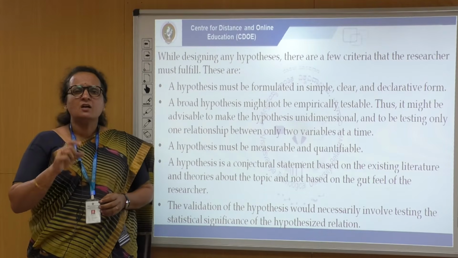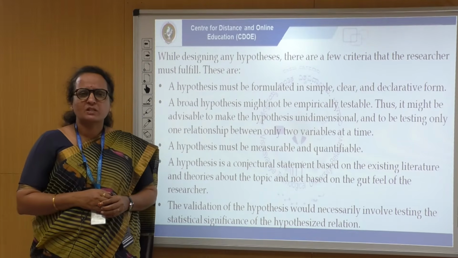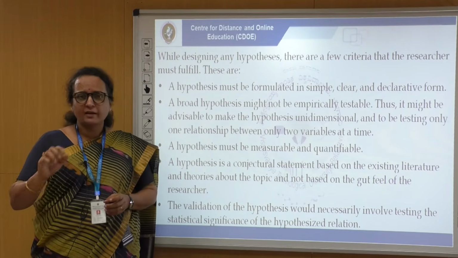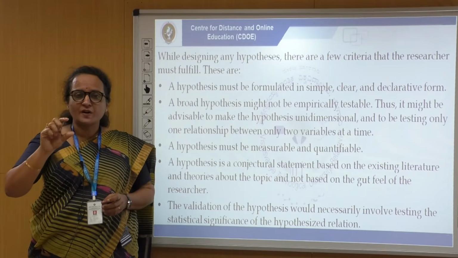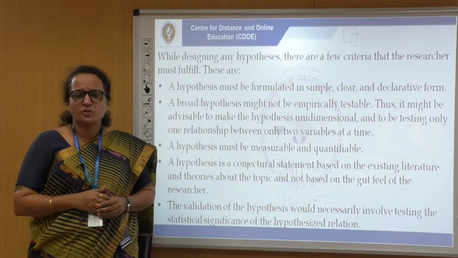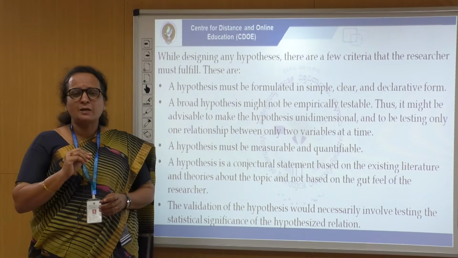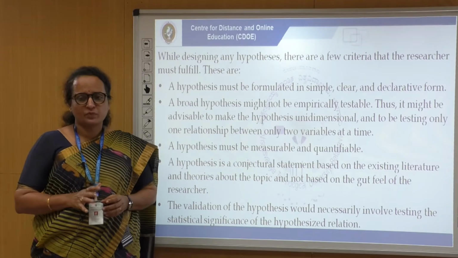We are stating that 85% of the people are literate in Mysuru city. This is a measurable hypothesis. It is quantifiable also. How much? 85% out of 100% are literate in Mysuru city. So in that way we can say that a hypothesis must be measurable and it must be quantifiable.